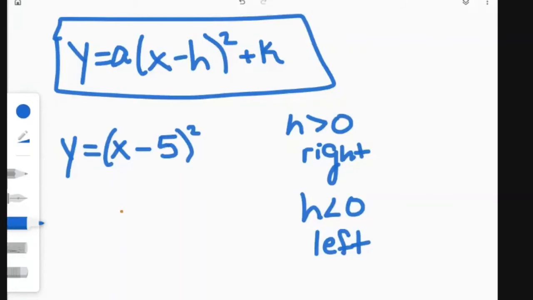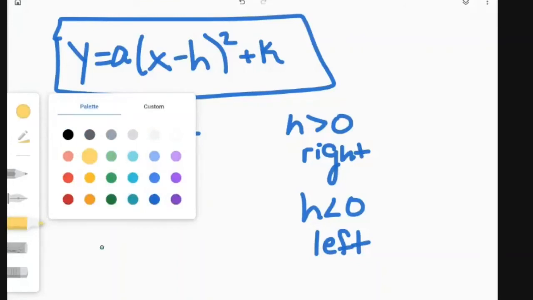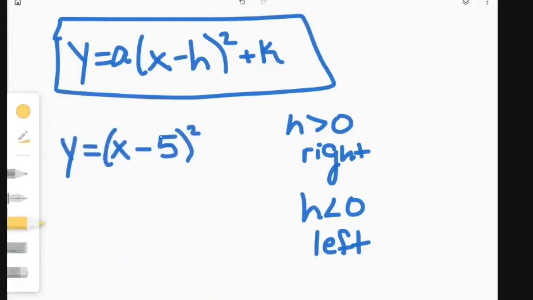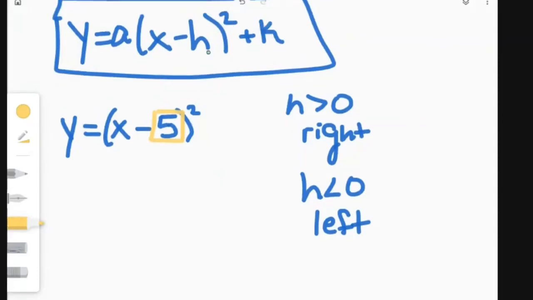How do you know if your h is greater than 0 or less than 0? If you automatically look at this and say, oh, this is negative because it has a negative sign, that is incorrect. This is actually a positive 5, because from this formula to here, we kept the x and we kept the minus sign.